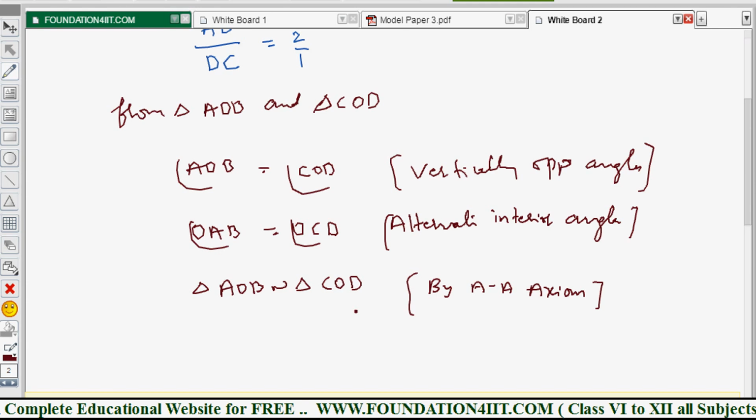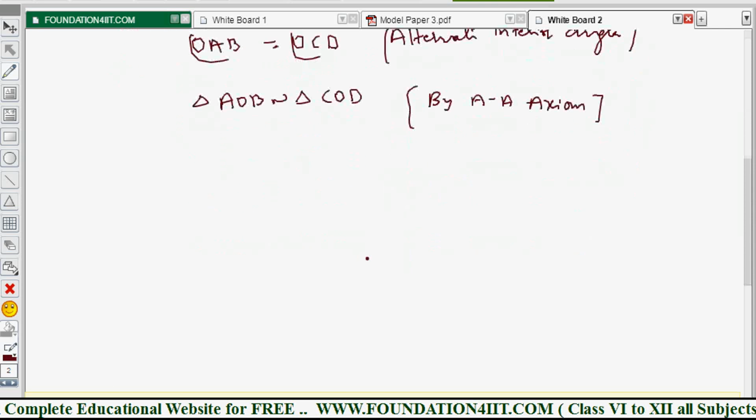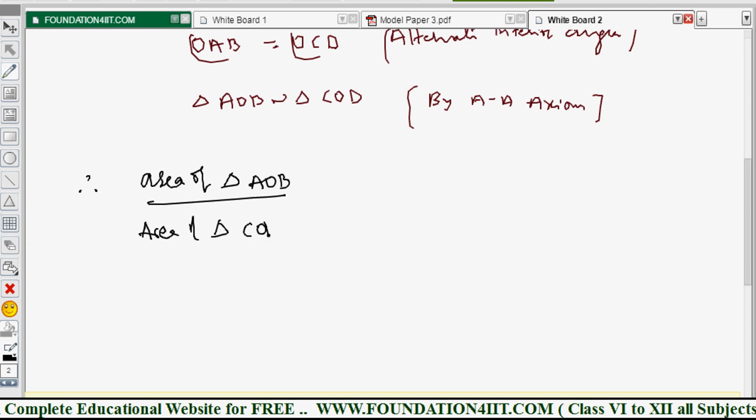Now if you observe, if any 2 triangles are similar, then the ratio of the areas of the two triangles is equal to the ratio of squares of the corresponding sides. You know that property. Therefore, area of triangle AOB by area of triangle COD is equal to squares of the corresponding sides.